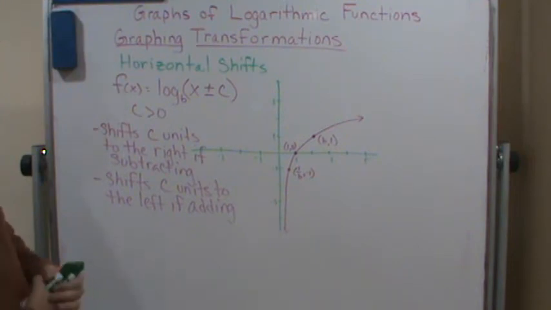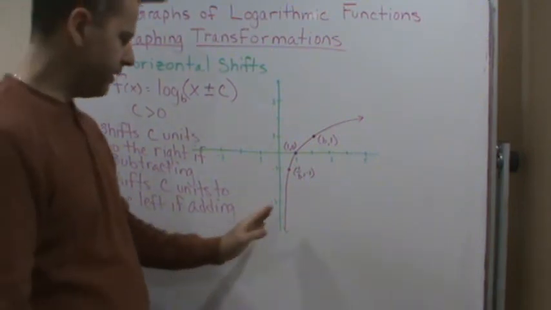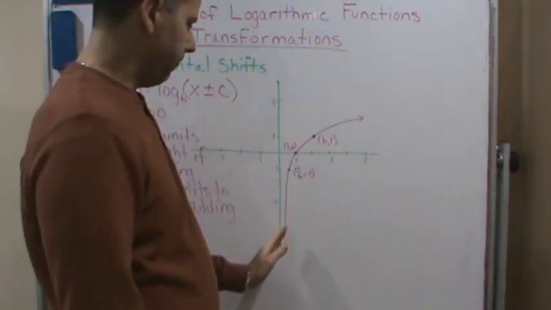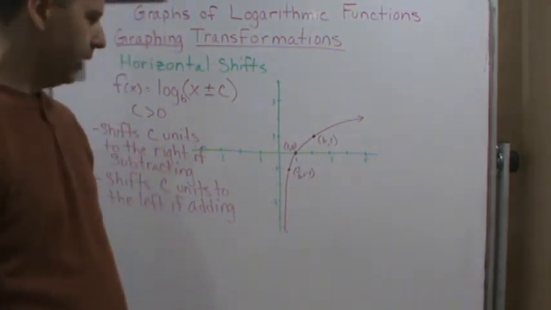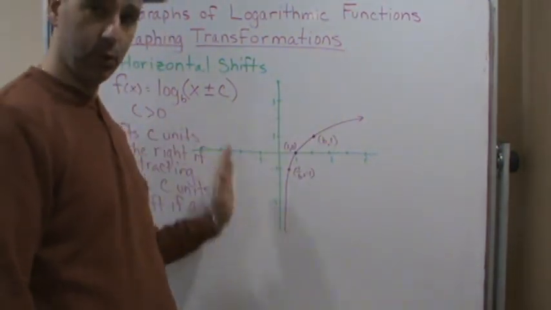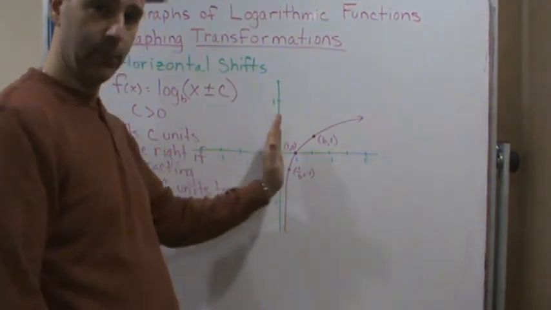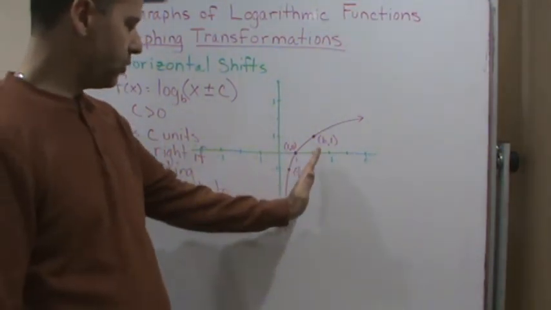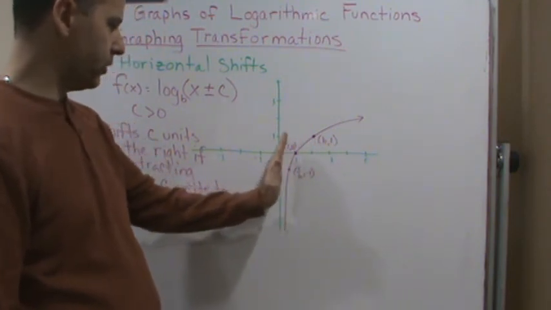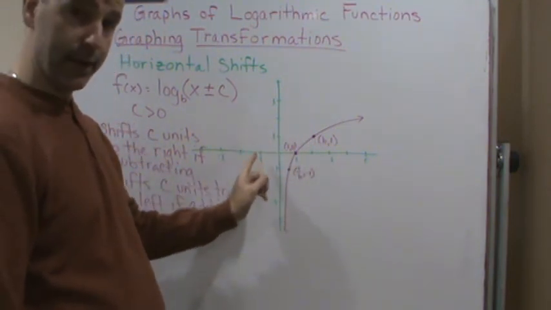Now, this also affects what? It doesn't affect the range, because the range is still going to be all real numbers, whether you move it this way or this way. But what is affected is the domain. The domain is going to be affected because if I move to the left, it's going to change my domain.